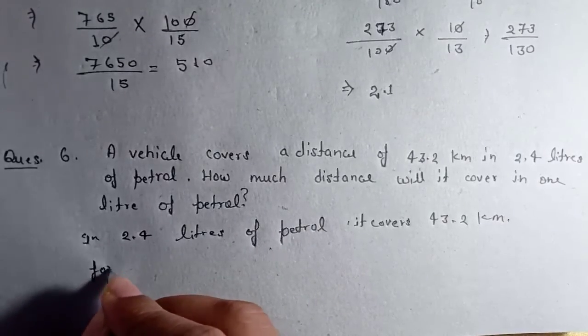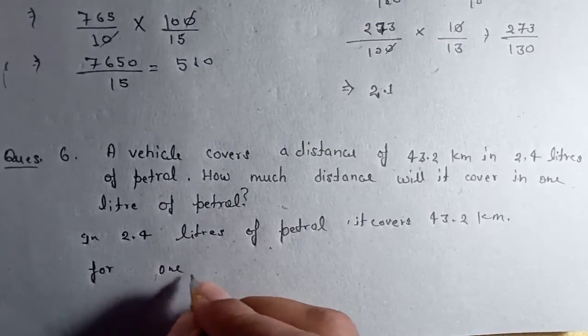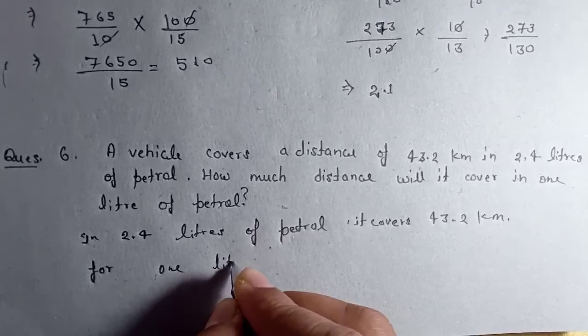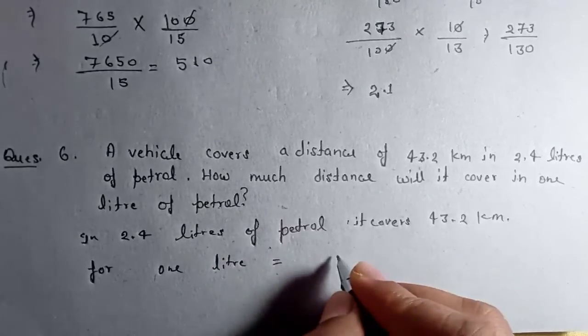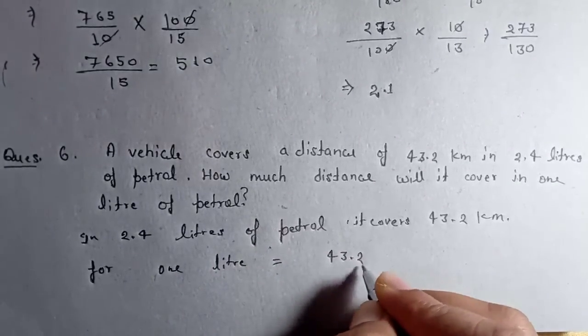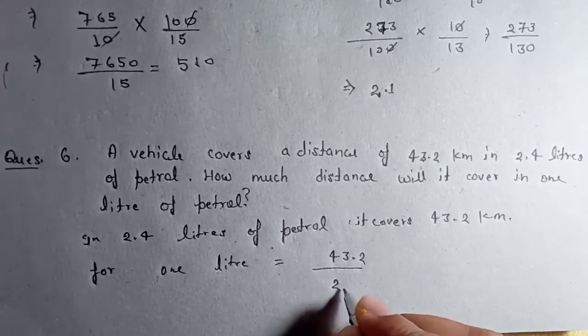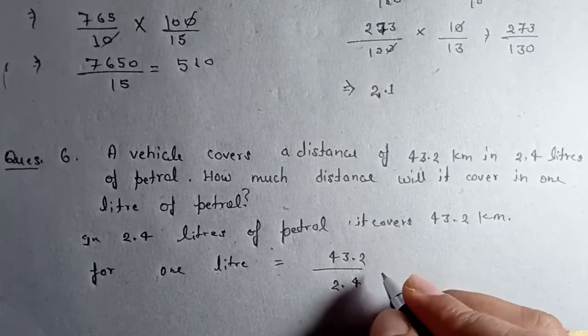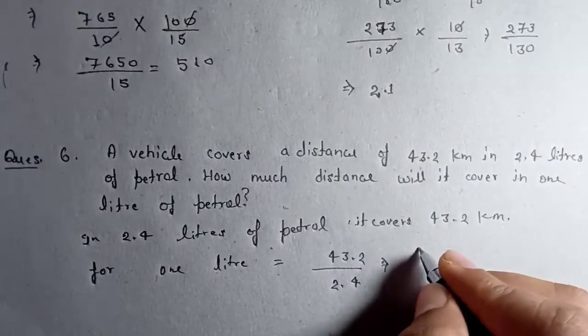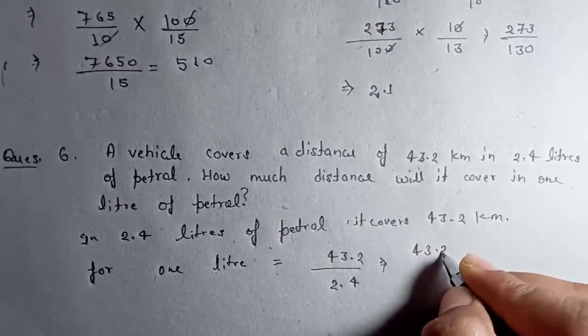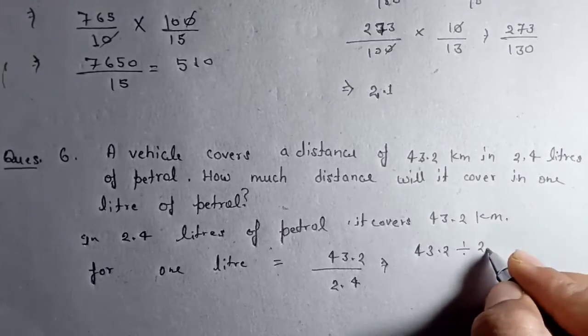For 1 liter, the distance is 43.2 upon 2.4. Now divide these terms, you will get, it is written 43.2 is divided by 2.4.